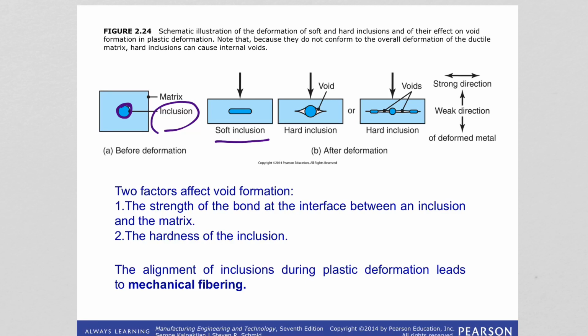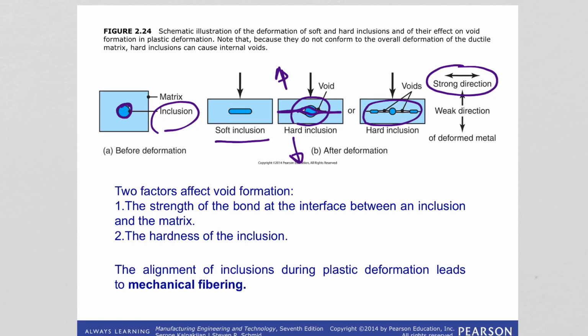Carbides and oxides, those hard inclusions can lead to void formation during manufacturing. Okay, so along this direction they are strong, but along this direction they are weak. The reason is because the crack can propagate when the stresses are applied along that direction.